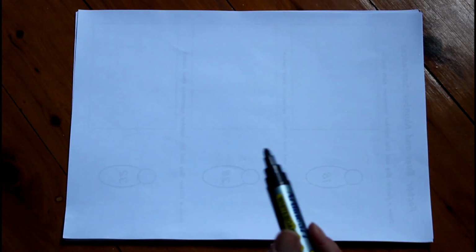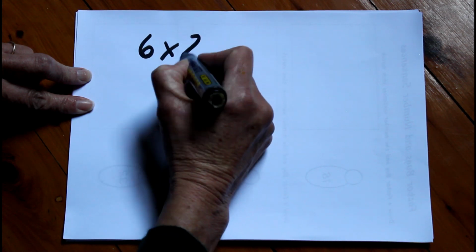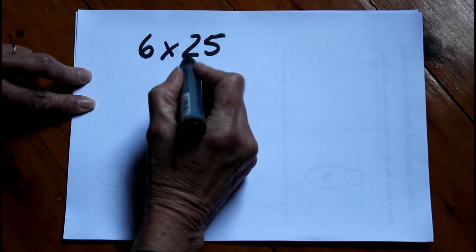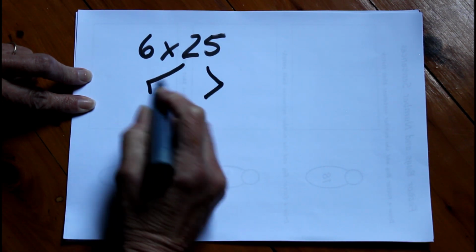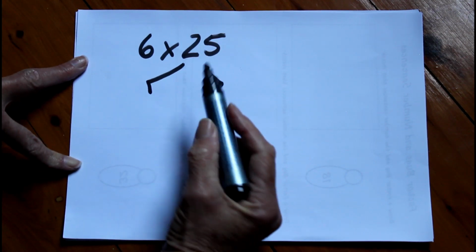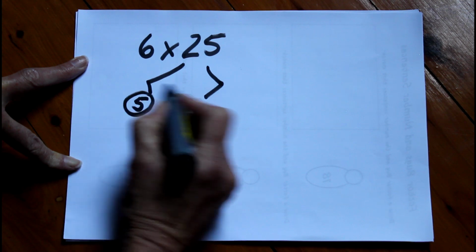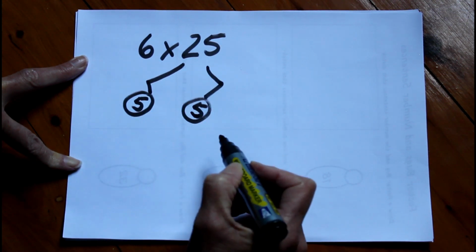Let's do one more, a little bit trickier. 6 times 25. Let's have a look at our factor bug for 6 times 25. I'm going to go with the factor bug legs only, because I do want to break it up, and I know that 5 5s are 25.